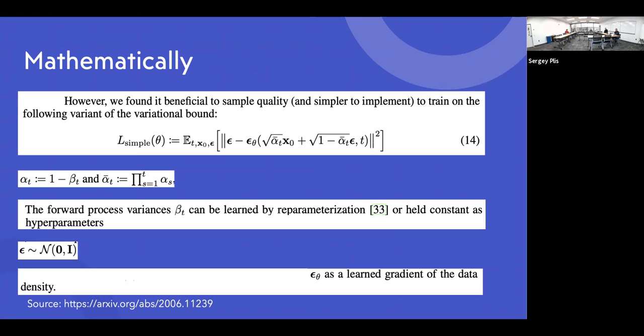Not of Q, of P, right? Or are you asking about Q? I think I'm asking about Q. It's the forward one, right? Yeah, the forward. And mu and sigma are for the backward process, P. Yes. Isn't there a relationship between the two, or shouldn't there be? And if not, why not?